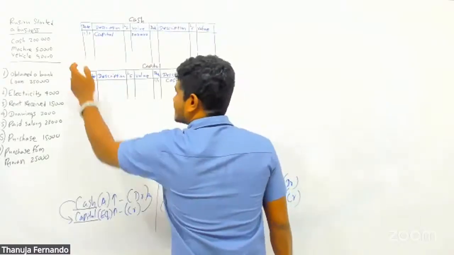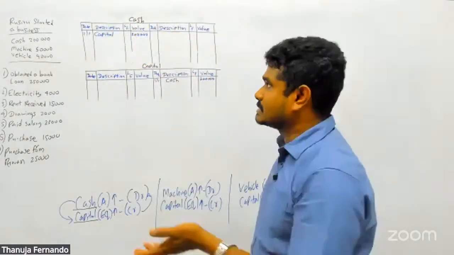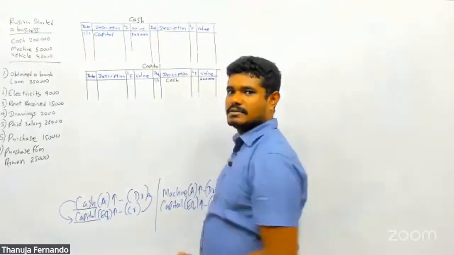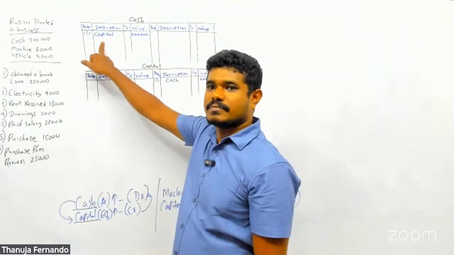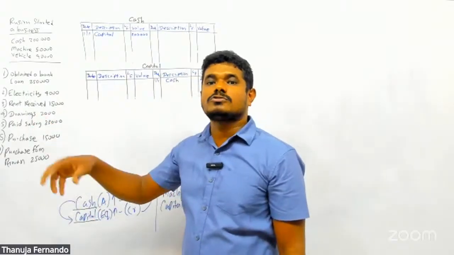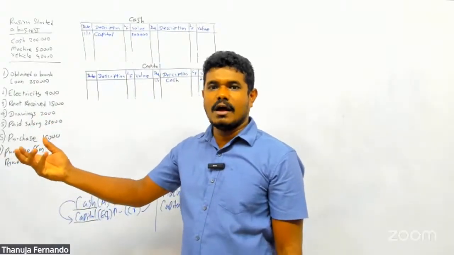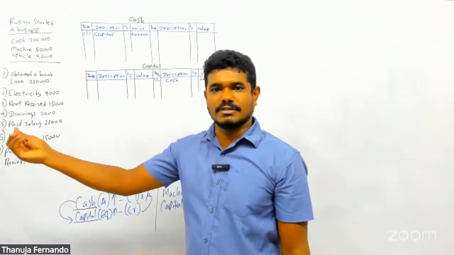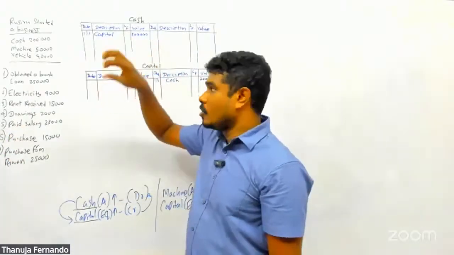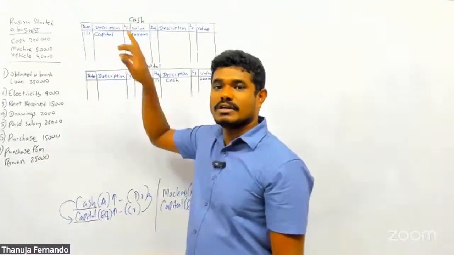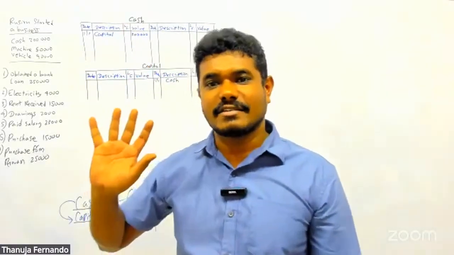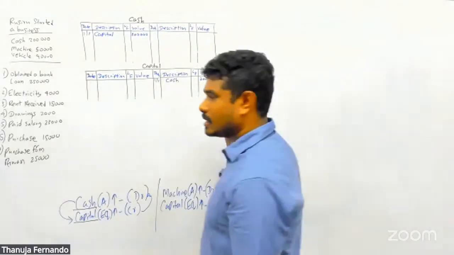Asset account debit means asset increase. Here cash increased. In the description mentioned as capital. It means cash increased because of capital. Capital means because of the owner's investments. It means the owner invested 200,000 cash to the business. That's how we read the transaction using the accounts.